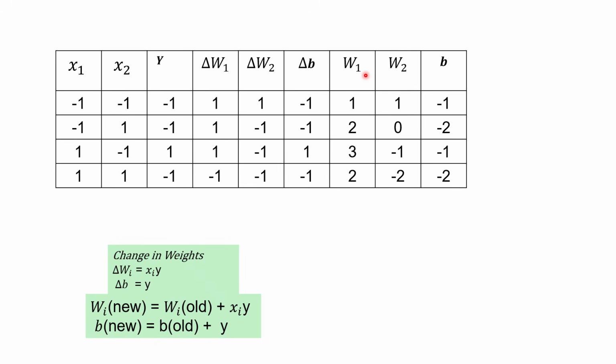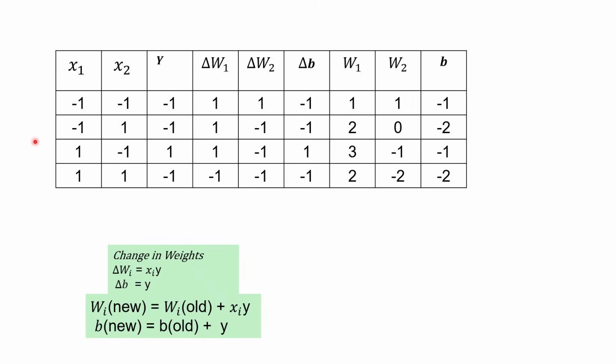W1, the updated weight, is nothing but old weight plus change in weight. The initial weight is considered as 0, so our old weight will be 0. So 0 plus 1 is 1. Similarly, W2 is 0 plus del W2, that is 1. And bias is 0 plus -1, that is -1.